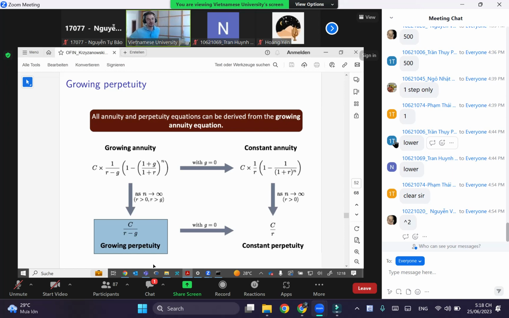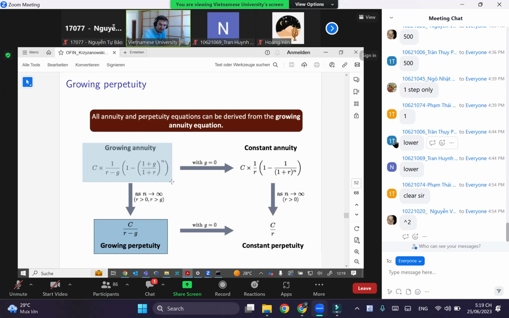Now I want to show you that all of these formulas are connected with each other. In the end, it's mathematics, and you can play around with different growth rates and different numbers of periods. If you do so, you will see that there is a general formula, and from this general formula, you can derive all the other formulas. The most general formula is the one from the growing annuity.